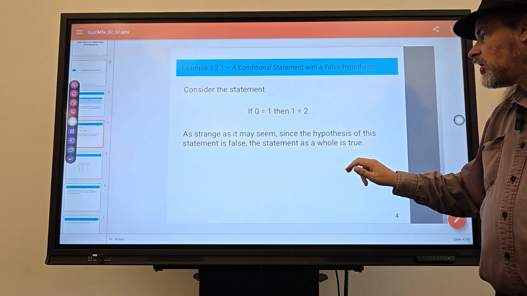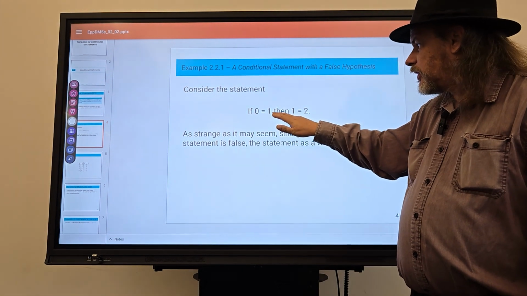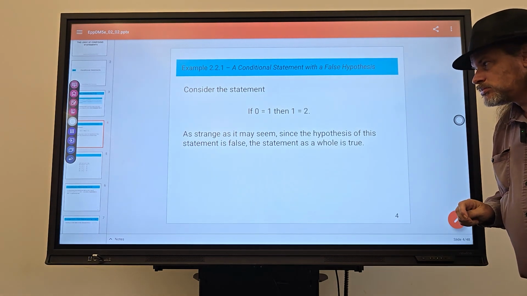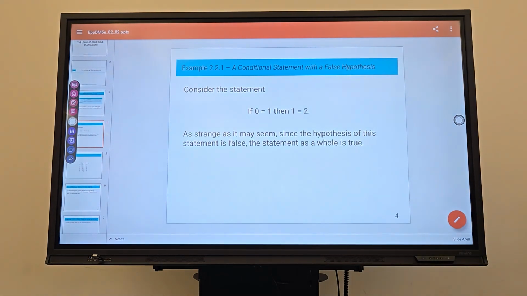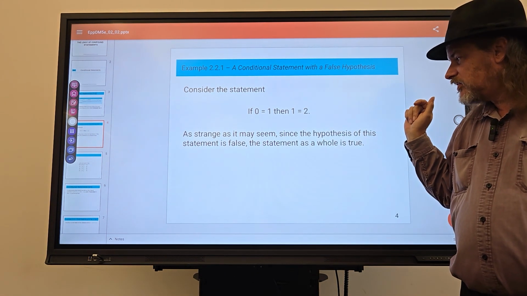So if you consider the statement, if 0 equals 1, then 1 equals 2. 0 doesn't equal 1, so the overall statement is true.